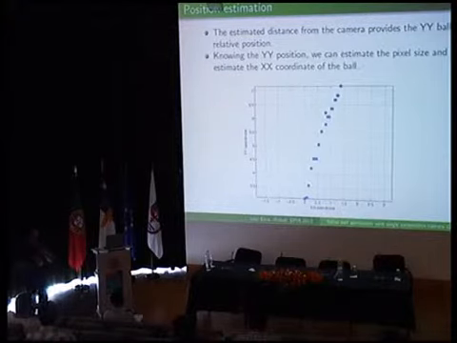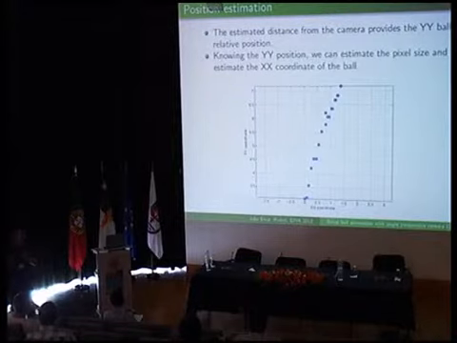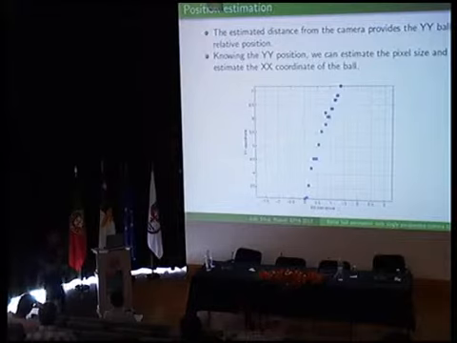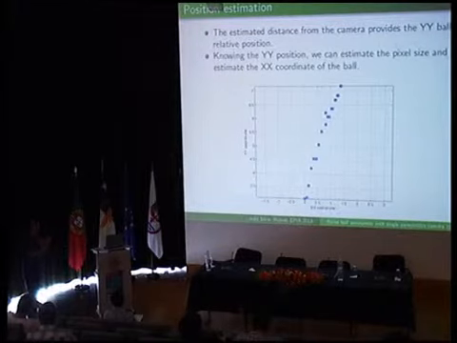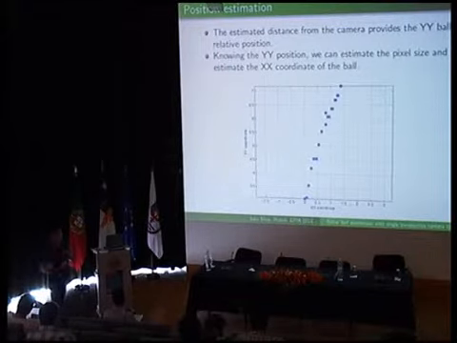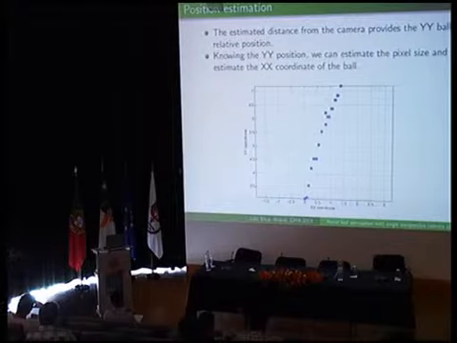Knowing that Y, we can estimate the size that each pixel represents at the distance of the ball, and thus from the displacement of the ball center from the center of the image, we can estimate the side distance of the ball, which is the X coordinate. Here we see the evaluation of the position of the ball during a throw.